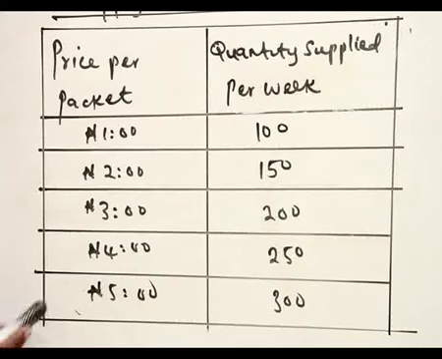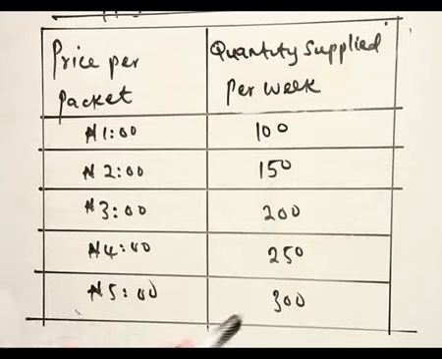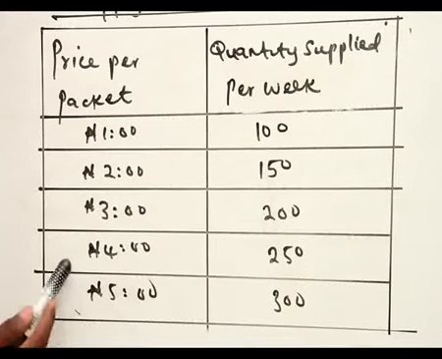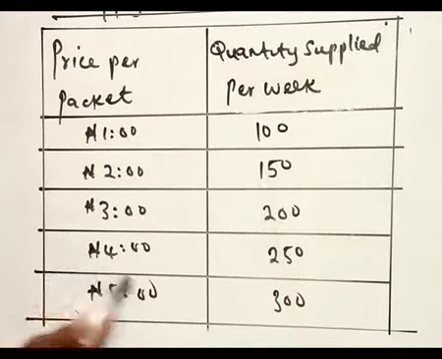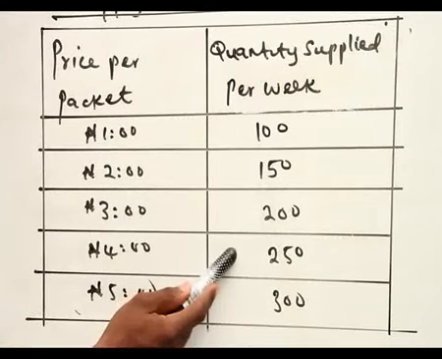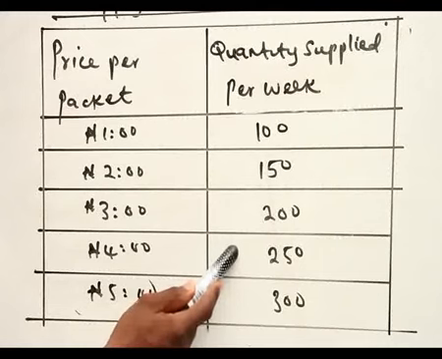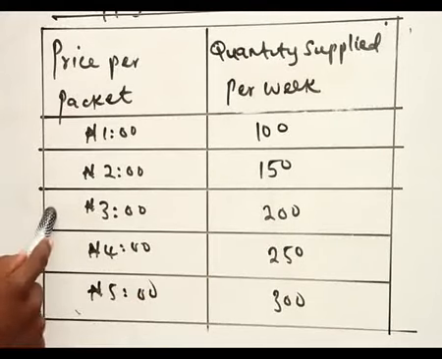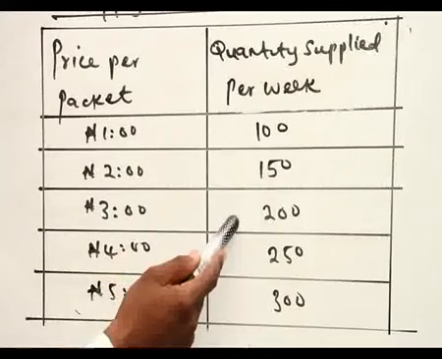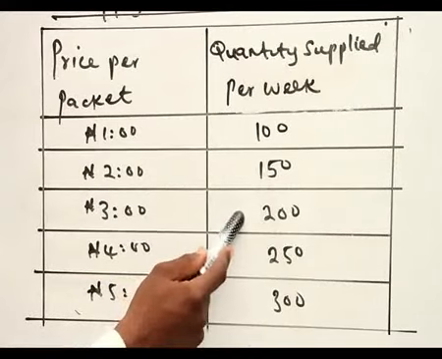Say for instance, the price is 5 naira here, quantity supplied is 300. If the price reduces to 4 naira, it will discourage the producer from taking more to the market. But what will they do? They will take less to the market. If the price becomes 3 naira, quantity supplied will reduce to 200.